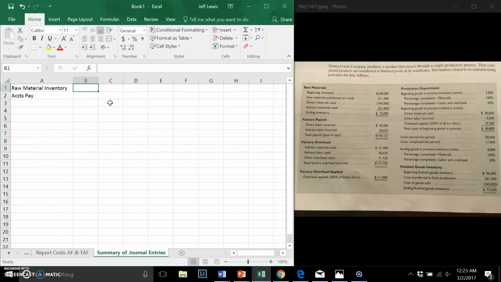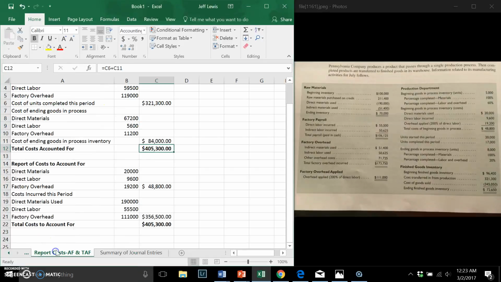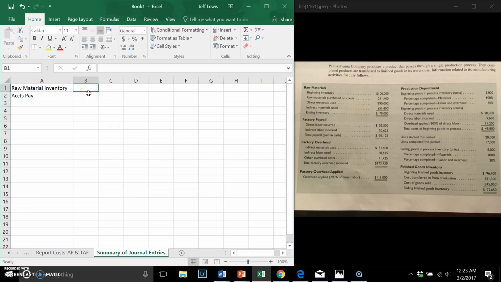To find those numbers, you look under here: raw materials purchased on credit, right here. So you just enter 211,400 and 211,400 for your credits and debits, and that is the journal entry for raw materials purchases.